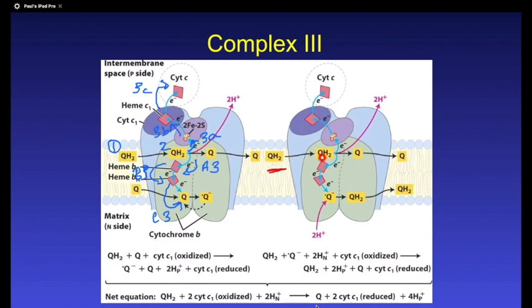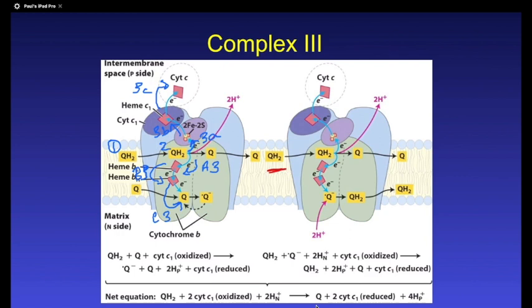So this QH2 comes in. It will give 1 electron up here. This floats away. And it gives 1 electron down here. And it has 2 electrons. And it becomes QH2 by picking up protons. And this QH2 can float back into the pool of QH2s.